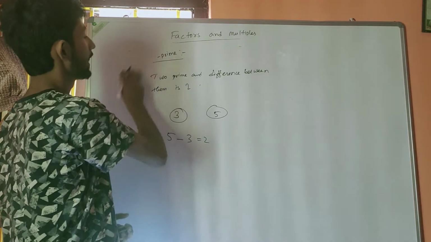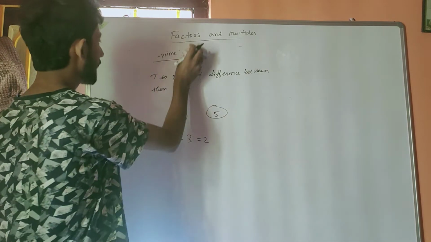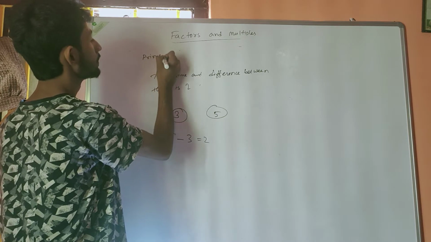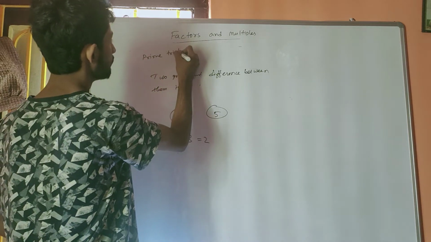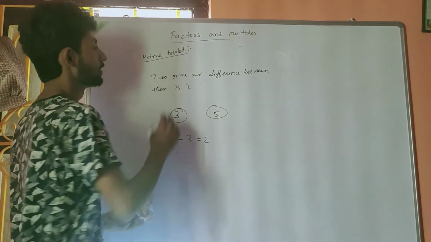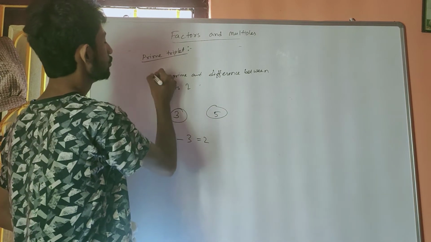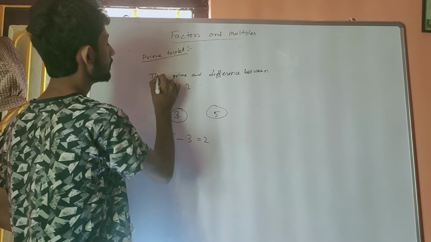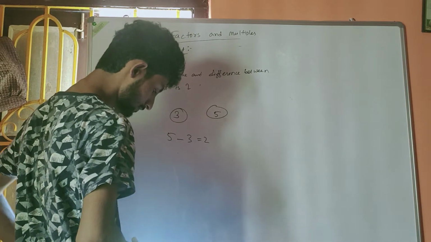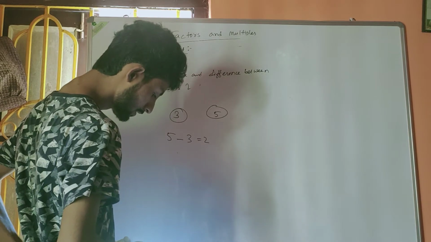Now if I write prime triplet, how will I write it? Except this difference of 2, there will be 3 primes.